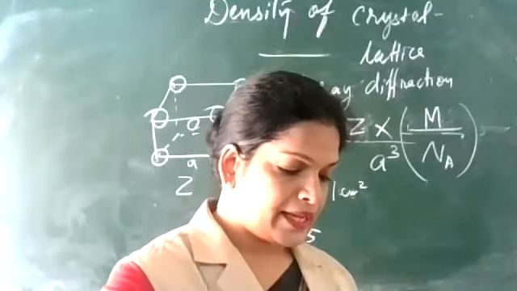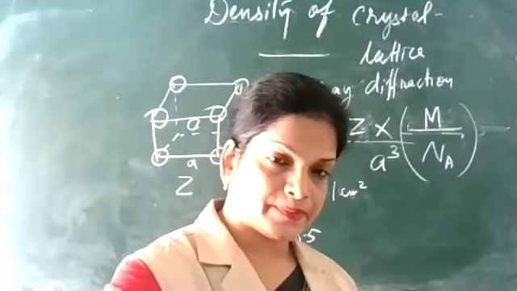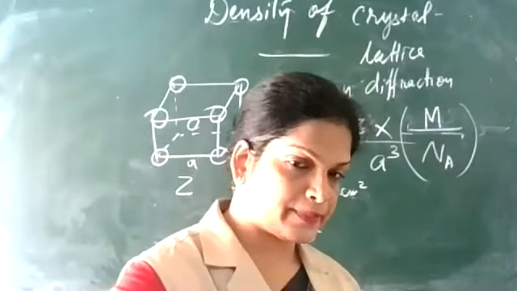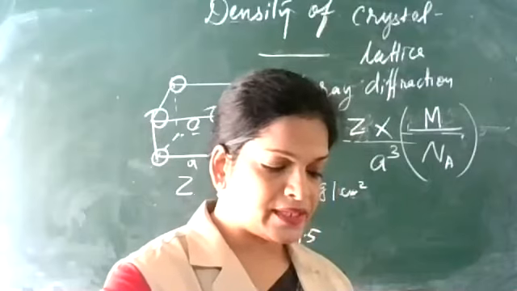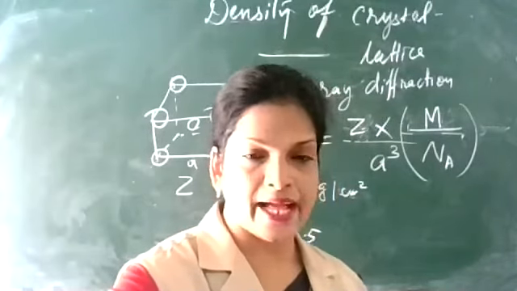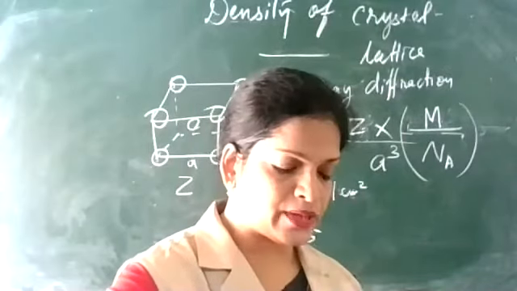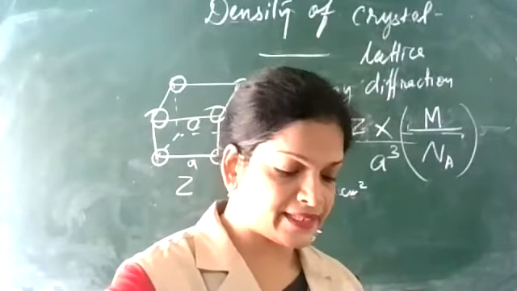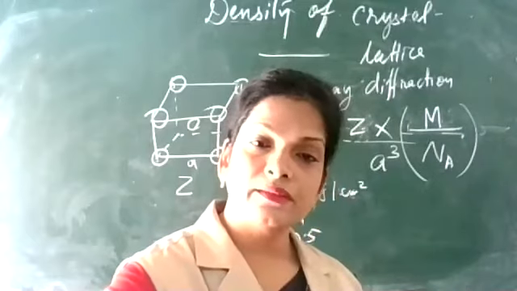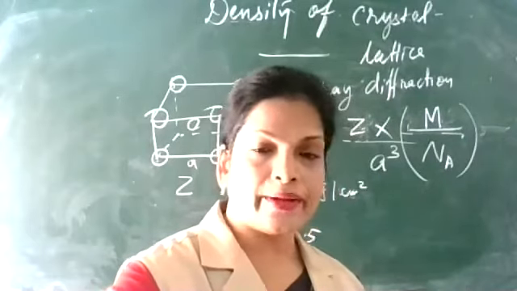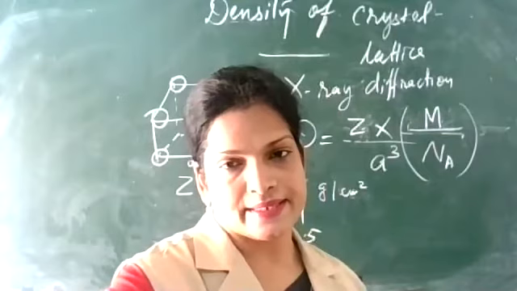In a separate experiment, copper is determined to have a density of 8.9 gram per cc.